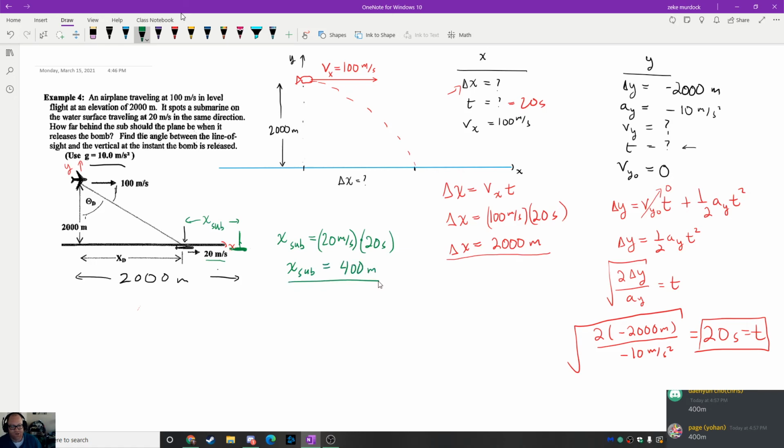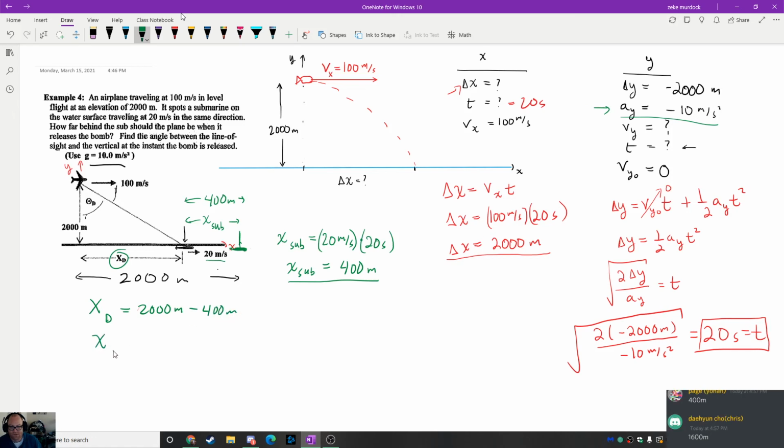I said I don't like doing this, but it's probably worthwhile because then we can use numbers that make sense instead of numbers like 9.67. So if I want to find this distance, and I know that this is 400 meters right here, and this is 2,000 meters, then xd is going to be 2,000 minus 400.